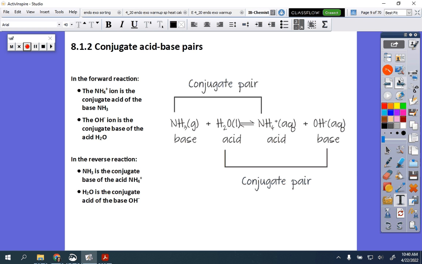So we say this is the base and this is the conjugate acid of that base. In this reaction, water is acting as an acid, giving up that H+. But in the reverse reaction, the hydroxide acts as a base, right? So the hydroxide ion is the conjugate base of water acting as an acid.